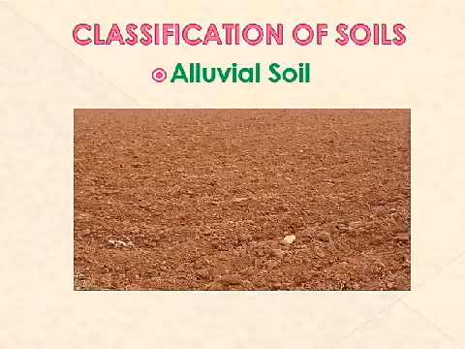Listen, this soil is mostly found in river valleys of northern plains and steppes in Gujarat and Rajasthan, and in eastern coastal plains in the deltas of peninsular rivers like Mahanadi, Godavari, Krishna and Kaveri. It is made up of silt, sand and clay rich in nutrients like potash, phosphoric acid and lime. It is suitable for growing paddy, wheat, sugarcane and other crops.